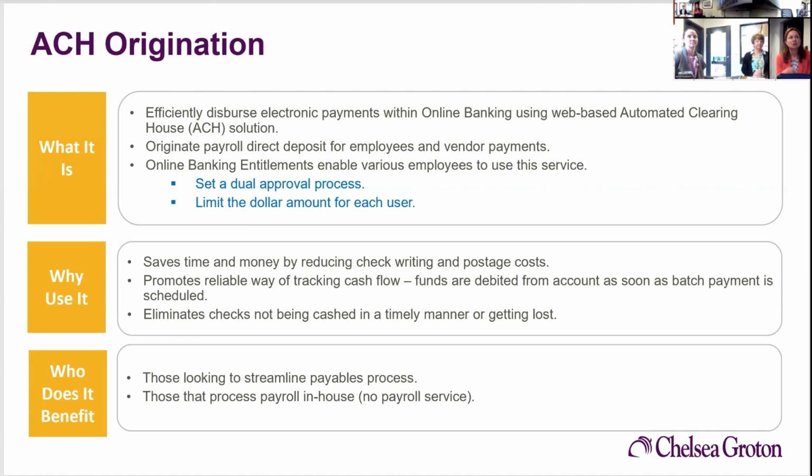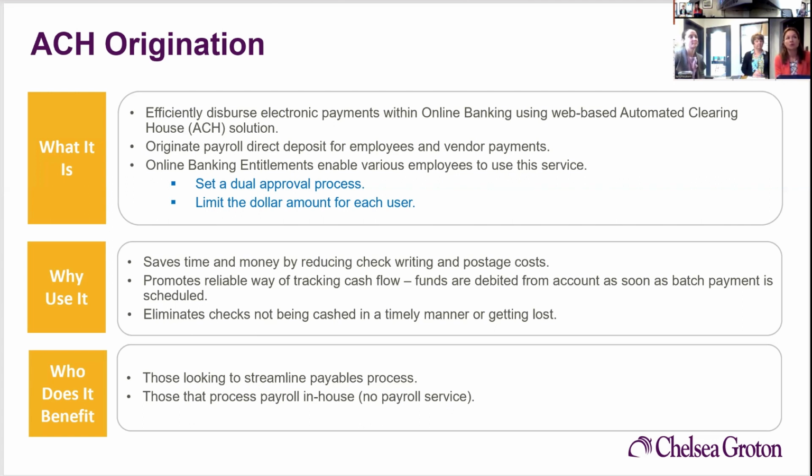We would just enable it within your online banking profile. And it's very seamless. The only thing that you need to have is the account information for whom you're paying. So obviously, instead of issuing a check with your account information, you're pushing out the payment using the account details of the person or the business that you're paying.